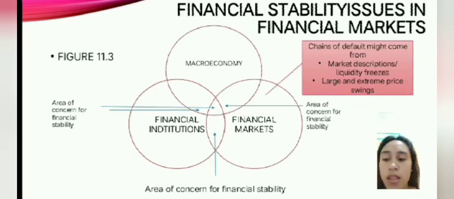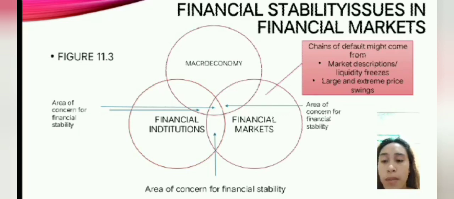As we can see in figure 11.3 on financial stability issues in financial markets, the macroeconomy is at the top, then financial institutions are on the left side, and the financial markets are on the right side.